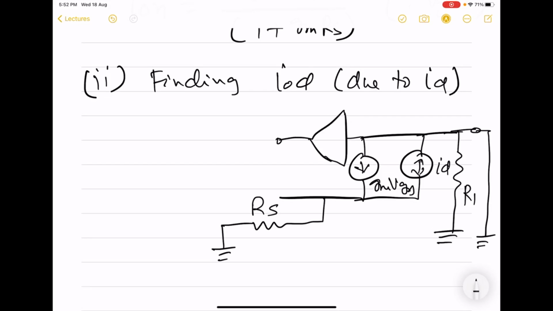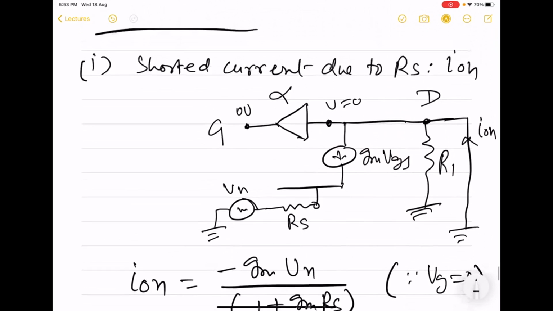Here also, once again, we find that the input voltage is equal to 0, so the gate voltage continues to remain 0. Moreover, any IOD current that flows will pass either through this path or through this path. No current goes into this feedback network, which is one of the assumptions that we have made. In fact, that assumption is valid here also. This I is 0. That is why this entire ION was equal to this GmVGS.